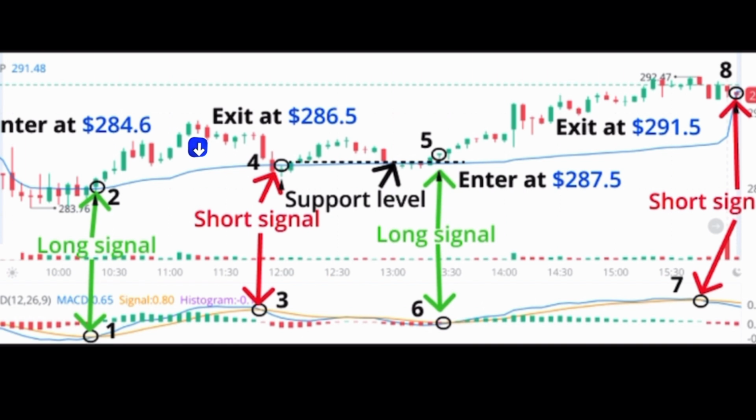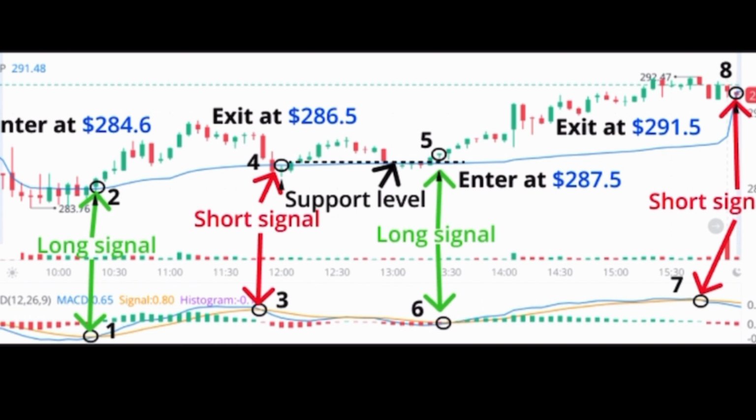If the VWAP line is below the price, so the price is $80 and the VWAP is hanging out around 79, 78, that may indicate that there's an upcoming bearish market. So we may be looking to go down. If the VWAP line is above the price, it may represent an upcoming bullish market. So if the VWAP is below, we're going down. If the VWAP is above, we're going up.